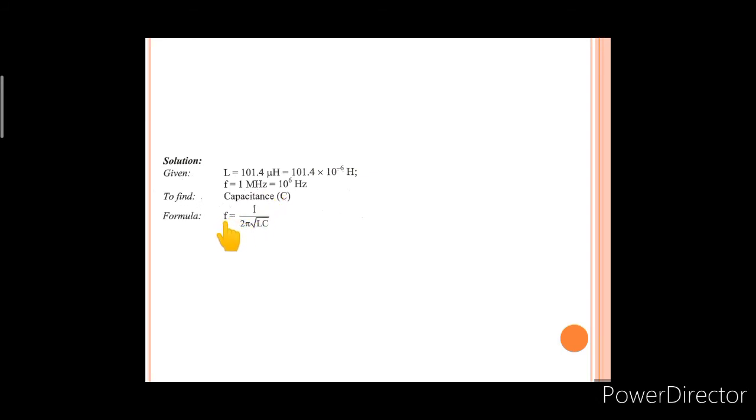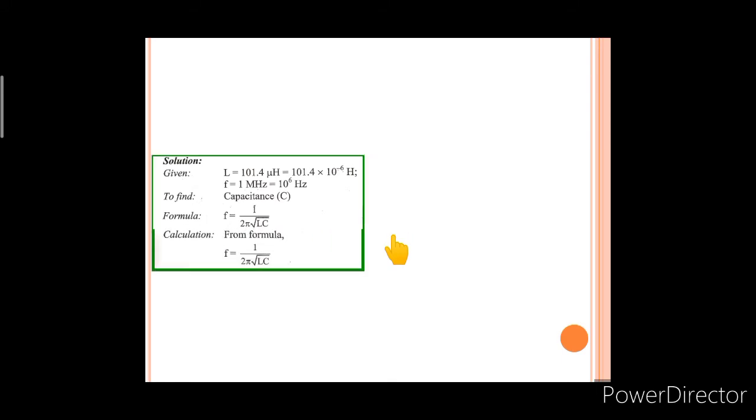Formula we are going to use, F is equal to 1 upon 2 pi square root L C. By using this formula, the value of L is given, F is given, so we can determine the value of C there.